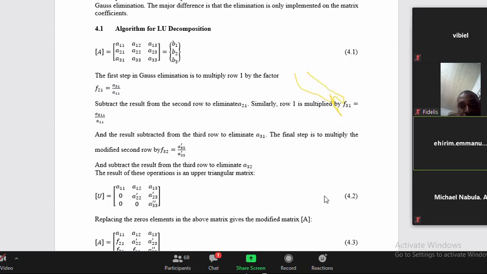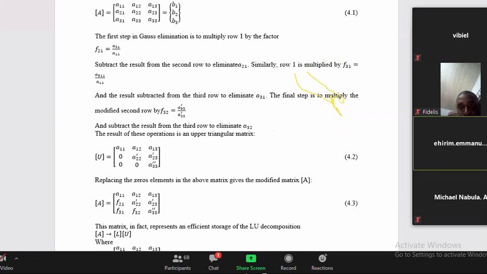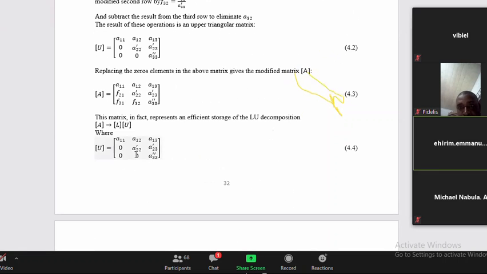We will keep them so that we can use them to formulate the lower triangular matrix. Look at how the decomposed matrix looks. So this is F21, F31, F32, A22, A23, A33. That is the matrix. So these values, if we put them here, this is how it's going to look. Replacing the 0 elements in the above matrix gives the modified matrix A. So this is the matrix A modified.